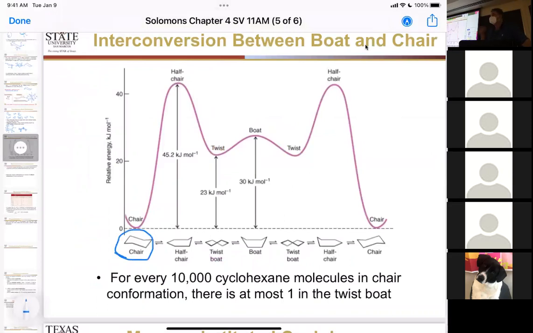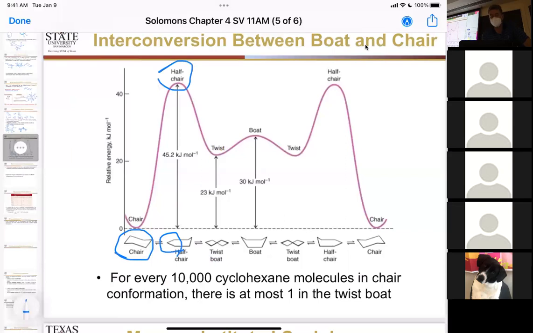And that's the lowest energy state, right? Everything's 109.5, everything's gauche, which is the lowest energy it can get. The first thing it has to do is flatten out one of those corners. And doing that turns it kind of almost into an envelope. We call that a half chair. That's actually the highest energy conformation for this because it has as many of the carbons eclipsed as it can. That's why it's the highest energy.